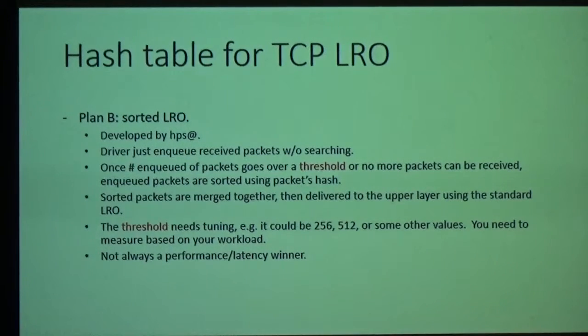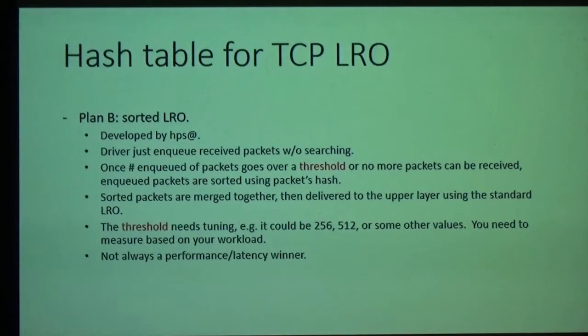Once a different hash is detected, the whole packet is dispatched to the upper layer. So it can actually achieve the same effect as the hash LRO, sometimes even a little bit better. It's primarily based on your workload.